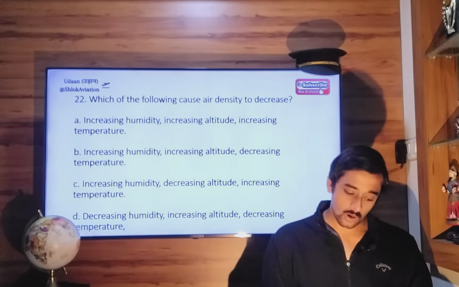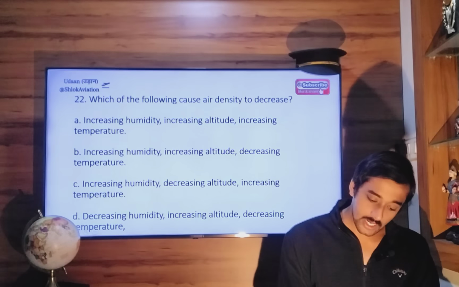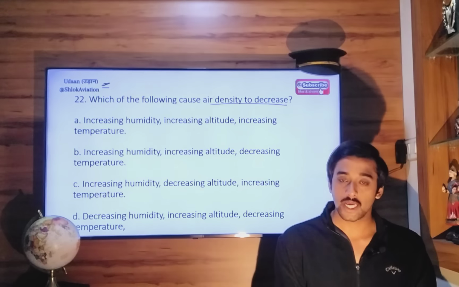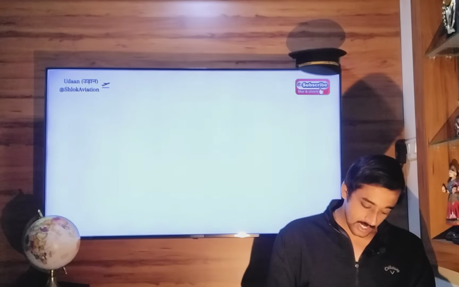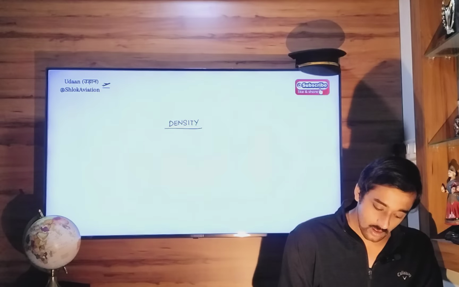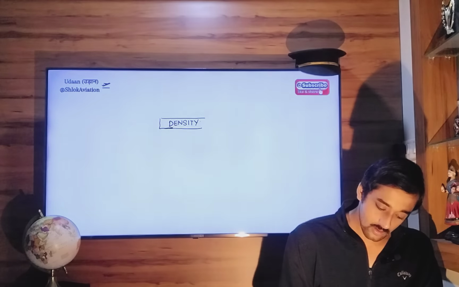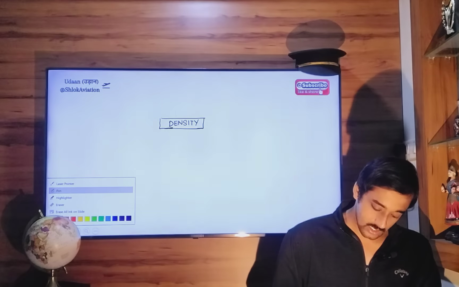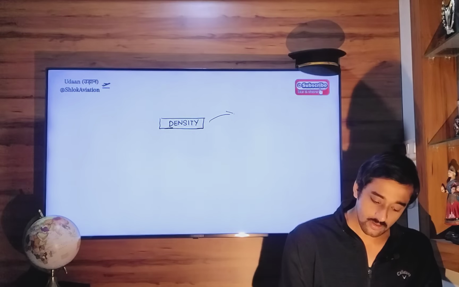Which of the following cause air density to decrease? Air density is controlled by three factors. First, the temperature.